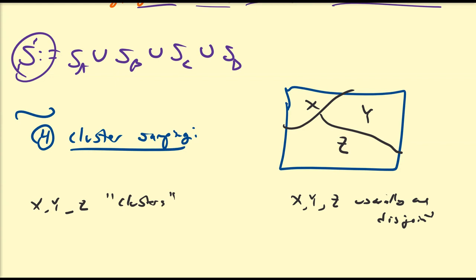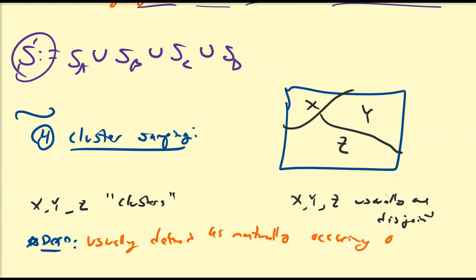So strata need not be disjoint. Clusters usually are disjoint. So what does that mean? So usually, by definition, these clusters are defined as naturally occurring groups.